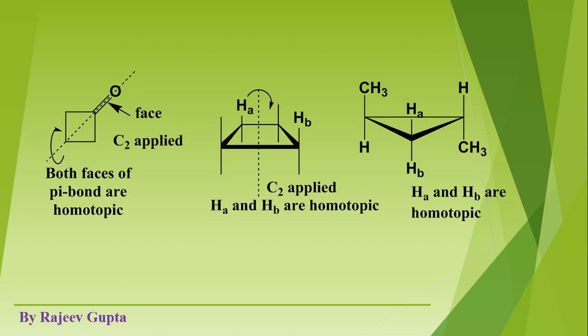Again we apply the C2 axis of symmetry in this cyclobutane ring, where we have to see the relation between HA and HB.